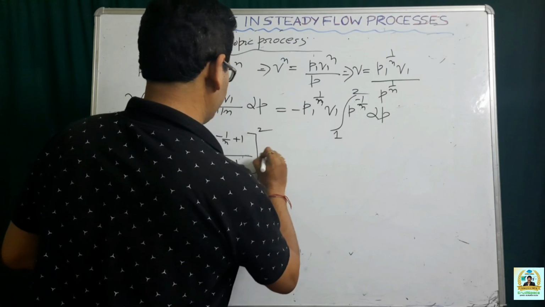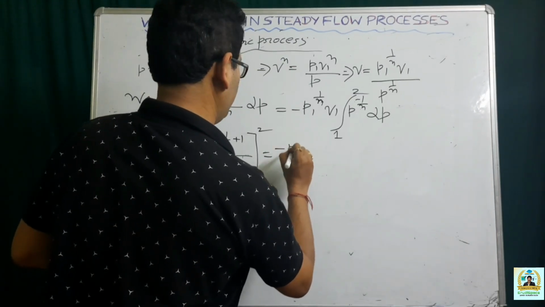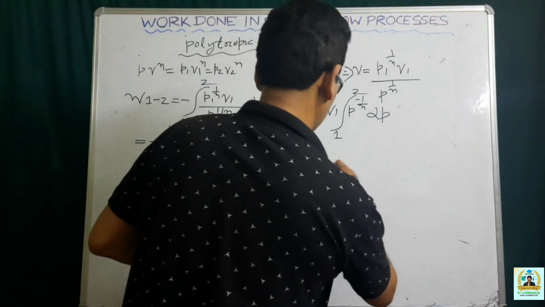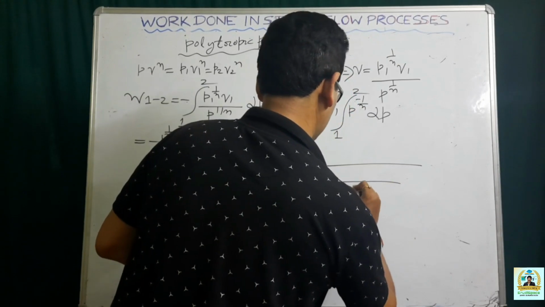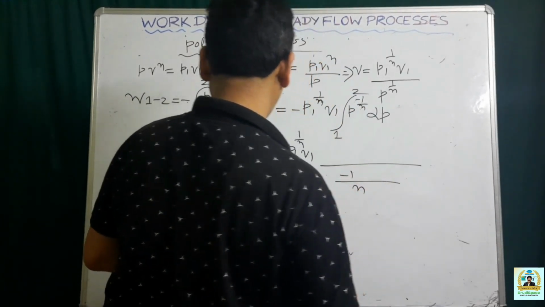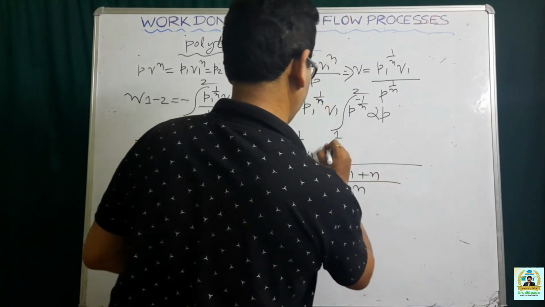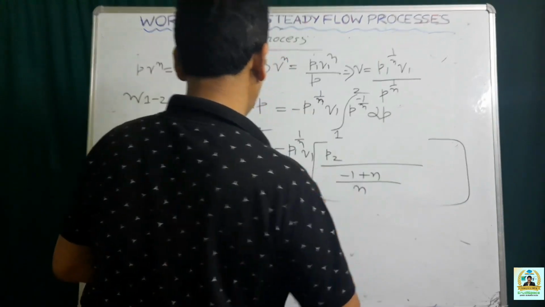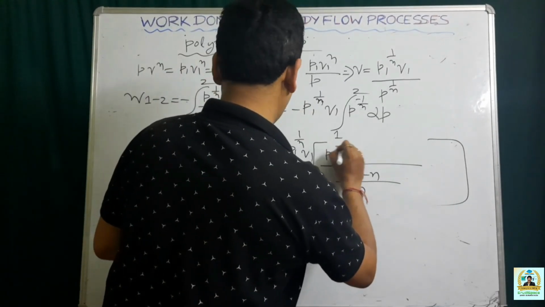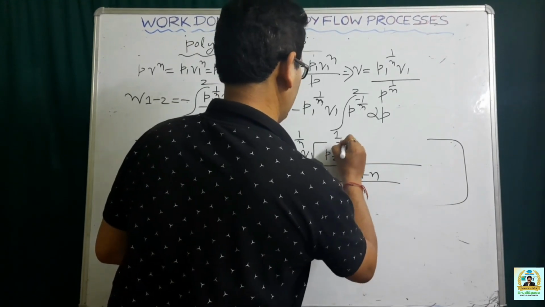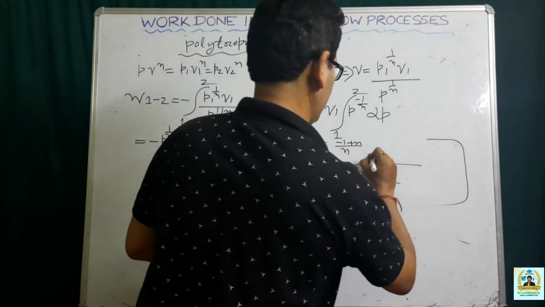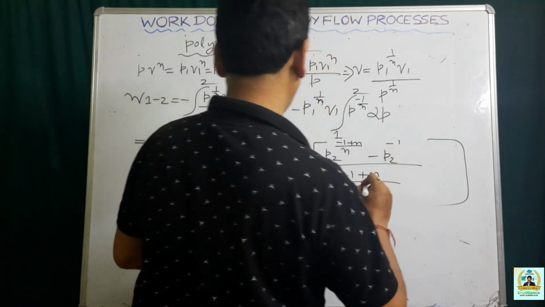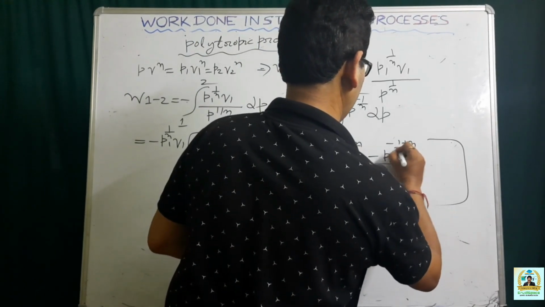So this is equal to minus P1 to the power 1 by n into V1 divided by, this is n minus 1 plus n. This is P2 to the power minus 1 plus n by n minus P1 to the power minus 1 plus n by n.